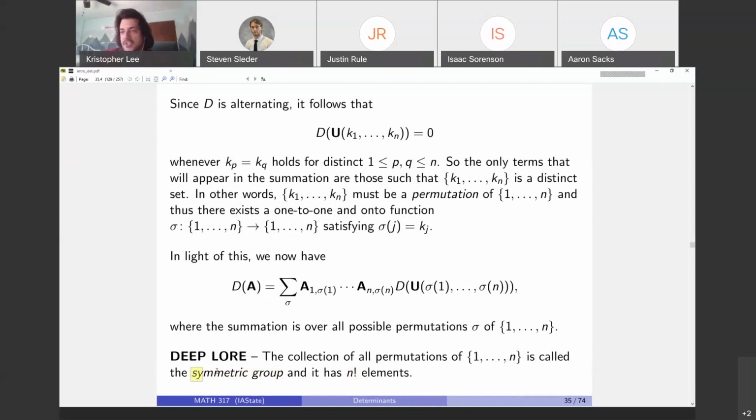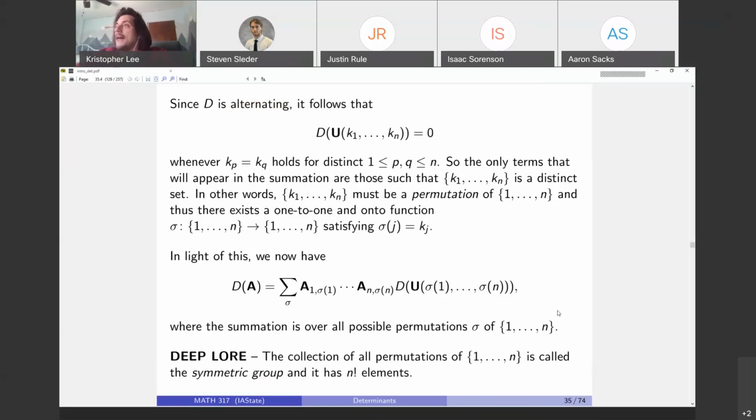Why it's called the symmetric group will become a little more obvious once you take Math 301. There's also something called the alternating group. There's some deep math here that we're sidestepping, but you'll see it in Math 301.